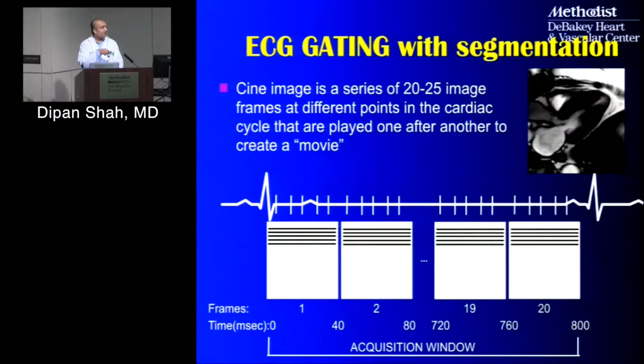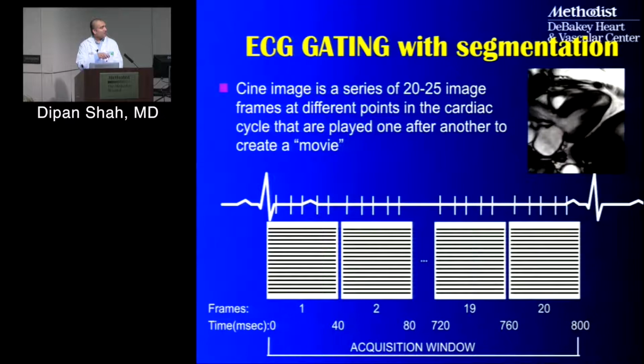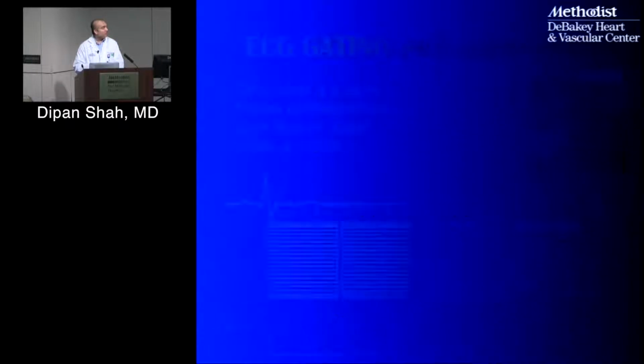And then I now go to the next heartbeat, and I again acquire these lines of data, and again bin them appropriately, and I keep doing that. So now I'm actually able to obtain not just a single image, but actually a movie or a cine loop, which allows you to appreciate contractile function.